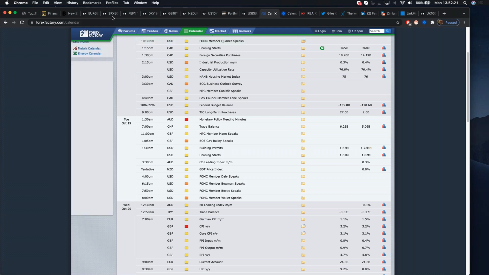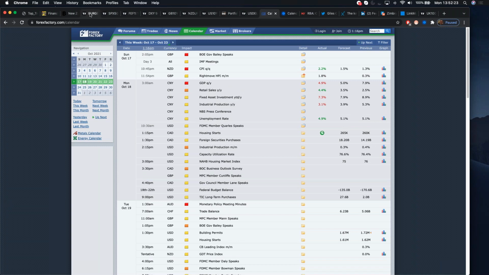The rest of the situation for this week will revolve heavily around earnings. So we have some earnings around Tesla. We also have earnings for Netflix out this week. And what market investors will be looking at is the revised growth forecasts.